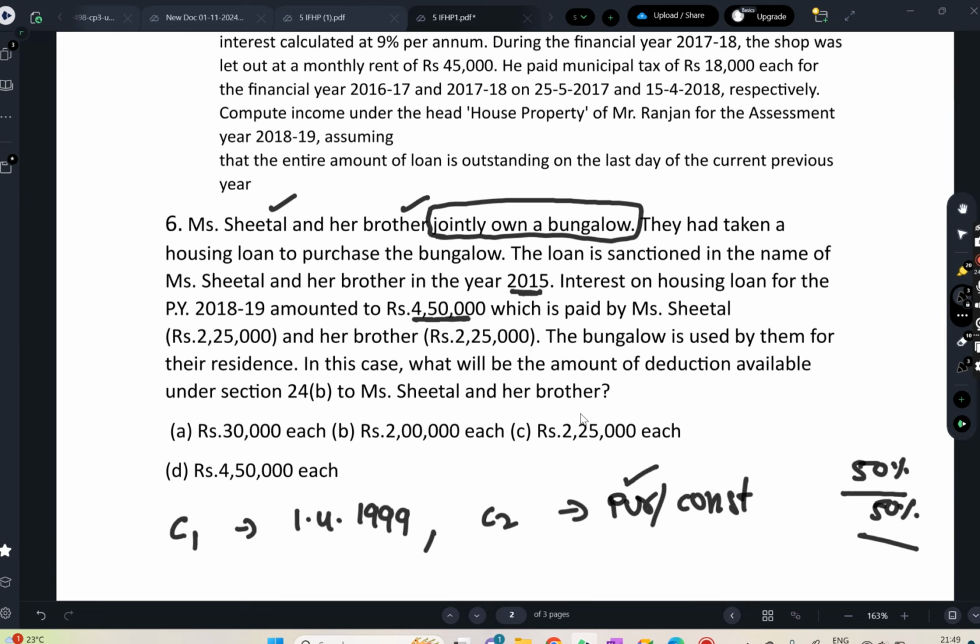And then condition 3, you should have completed the construction within 5 years. If you did not complete the construction within 5 years, then you are not eligible. Now this is an important condition.